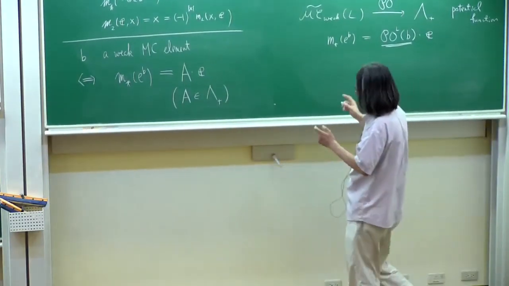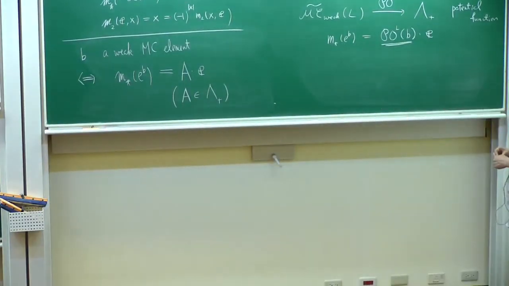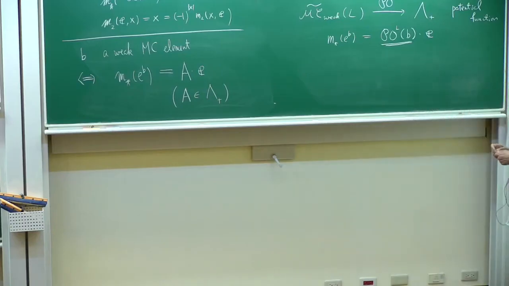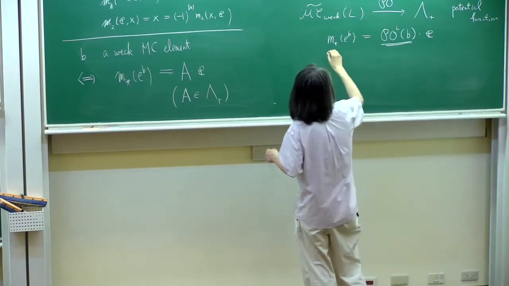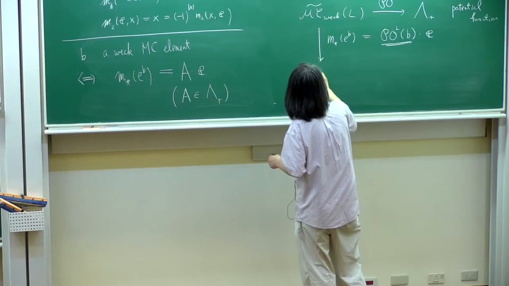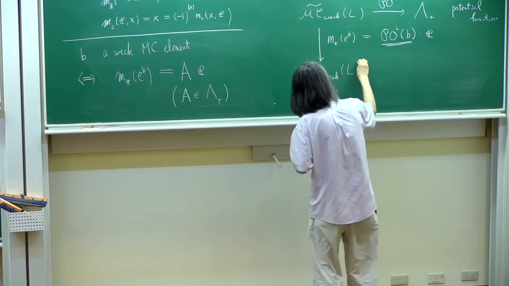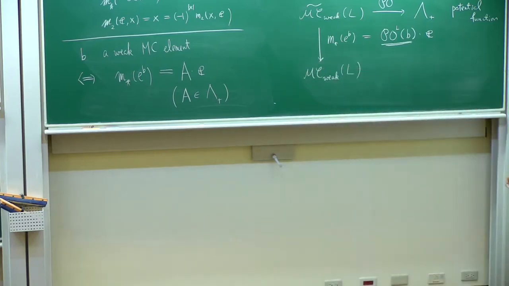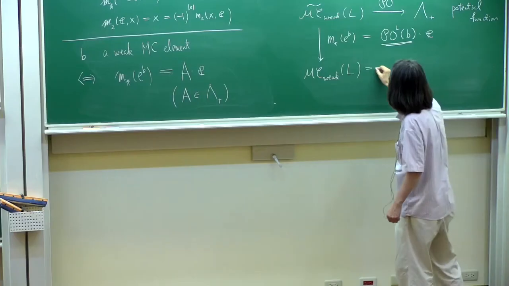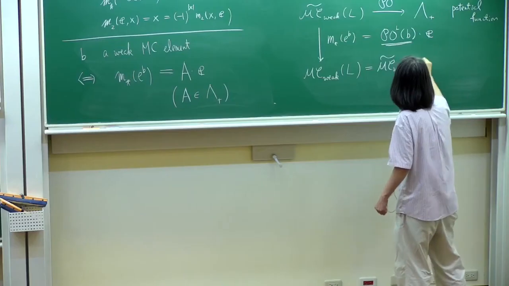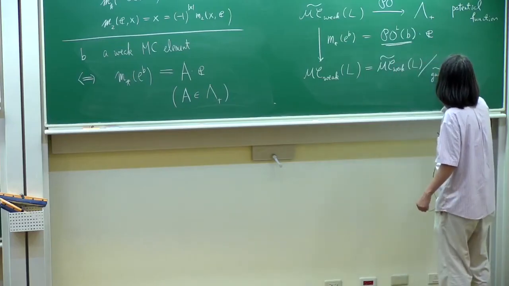And there is the so-called gauge equivalence. I don't know, probably last time I didn't really tell you about gauge equivalence. Maybe I can speak of it in a supplementary talk. But anyway, this one actually descends to the moduli space of weak Maurer-Cartan elements, namely MC weak tilde of L modulo gauge equivalence.